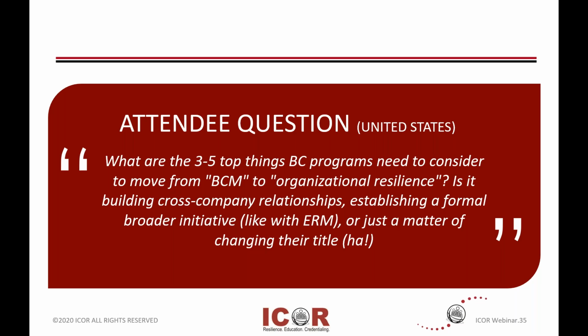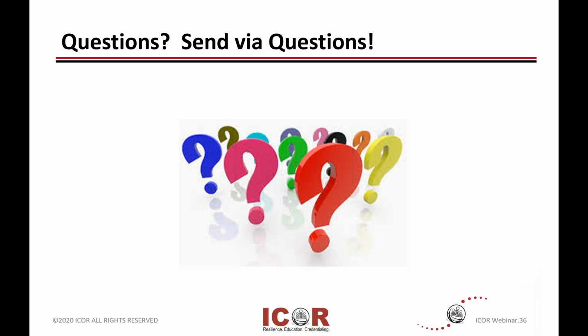And some organizations do a lot of these things under the umbrella of business continuity, and other organizations, business continuity is a very small part of how they manage risk. So part of that is, what's the scope of your business continuity management system? Is it a system or is it still a program, and how do you do that? So I would at least get your business continuity program to be part of enterprise risk management if it isn't already, and then start building those cross-company relationships. So the answer to this is yes, but not just change your title. Please go farther than that.